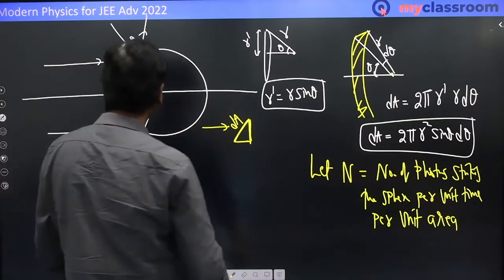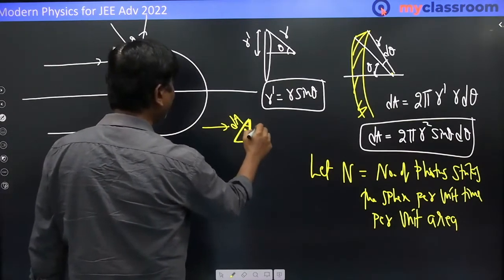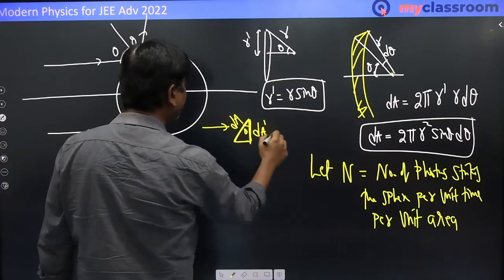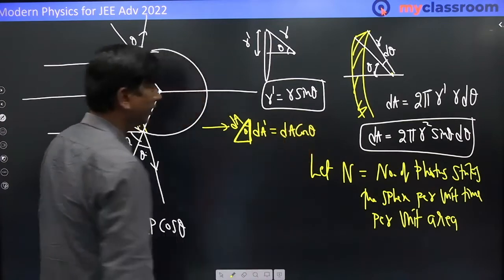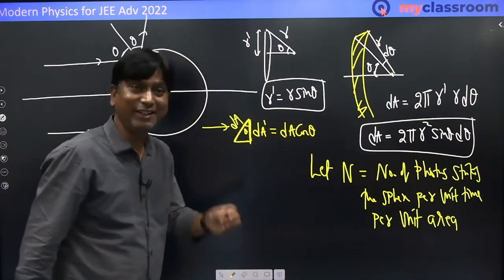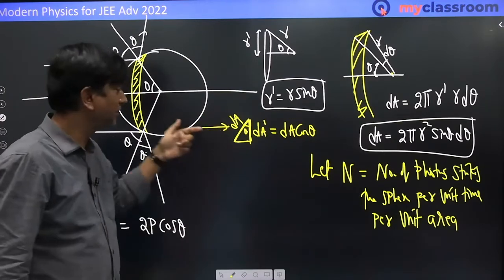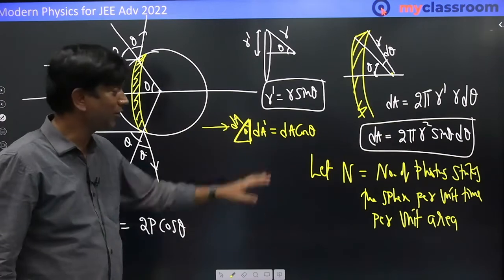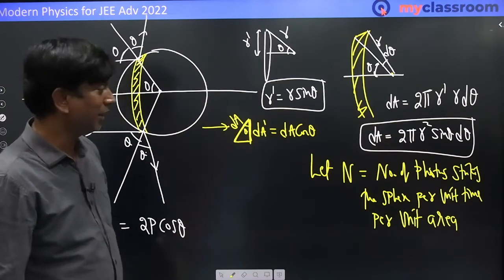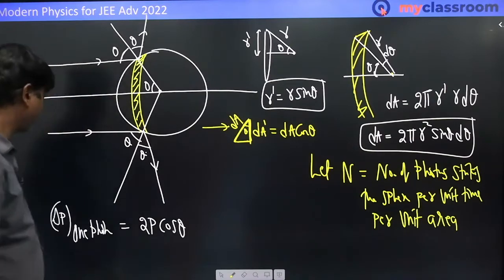Since this was theta, this will also become theta. So this will become some dA dash, which is equal to dA cos theta. It is something like a projected area normal to the incident photons, right? That also I have to consider whenever I write that area.